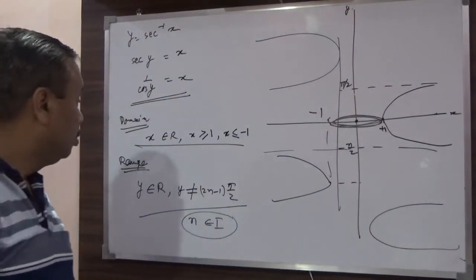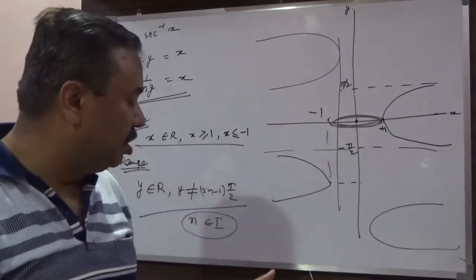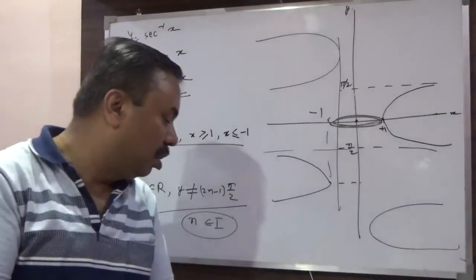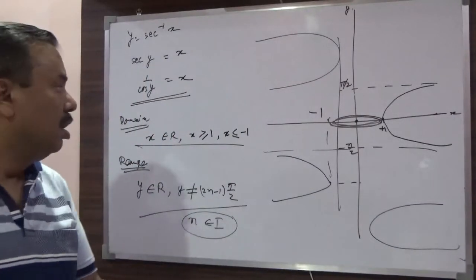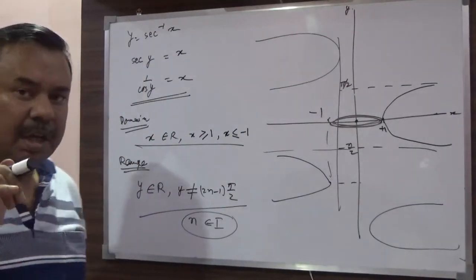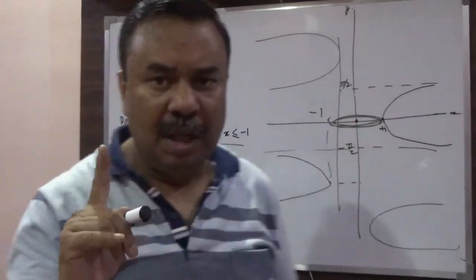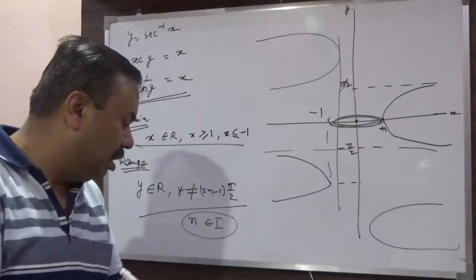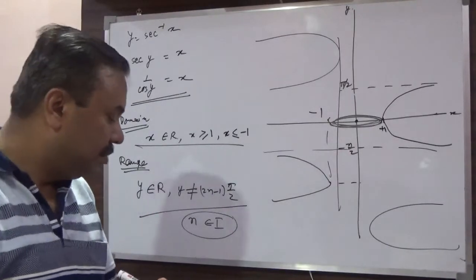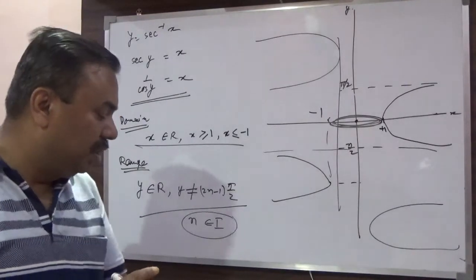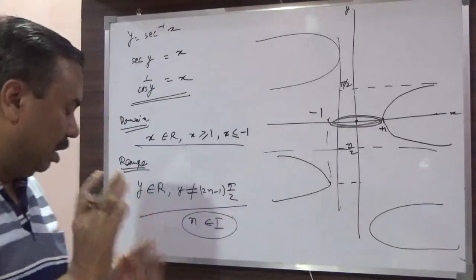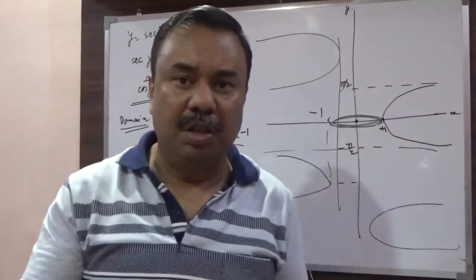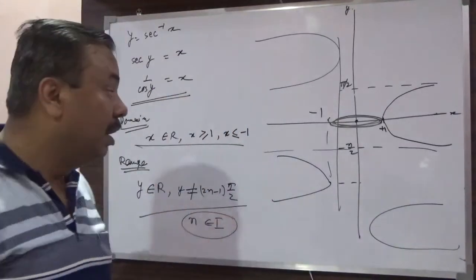Okay, now there is one more, because video is getting too long. I think the video has already crossed more than 40 minutes. So I will just take one more, to finish this topic, the cot inverse of x. Then I will give a break, and the remaining concepts I will do in the next video.